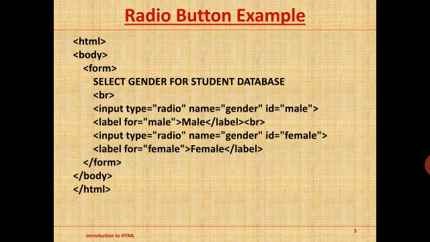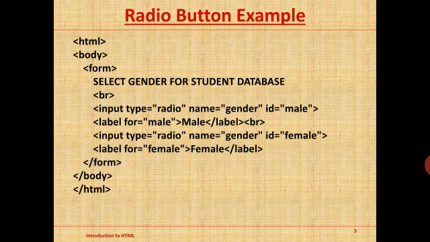Let us consider one more example in forms. Radio button allows the user to choose only one option at a time, whereas the submit button earlier is used to submit the form. In this example, we will have two radio buttons. First radio button name is gender.